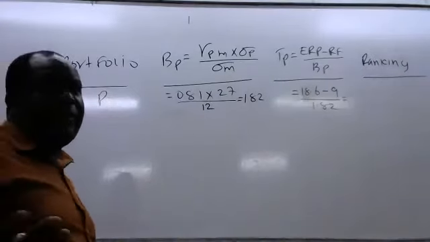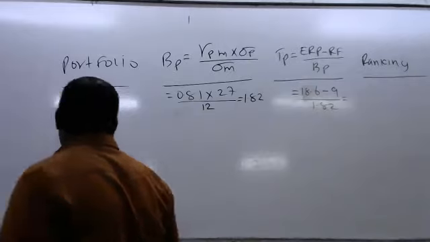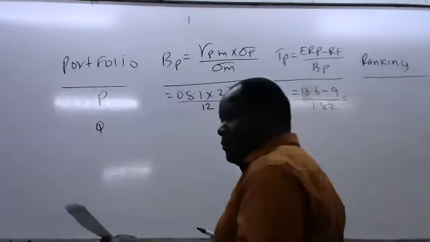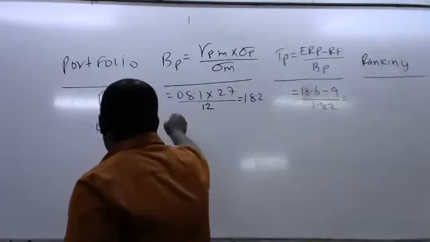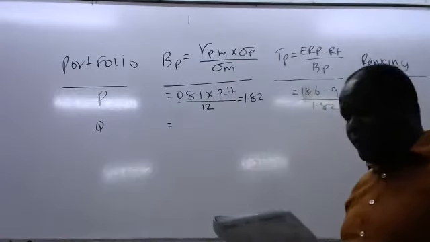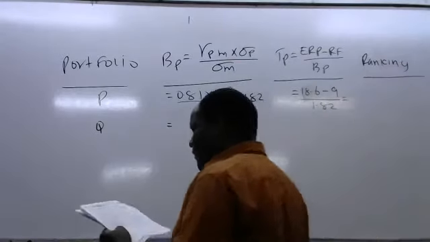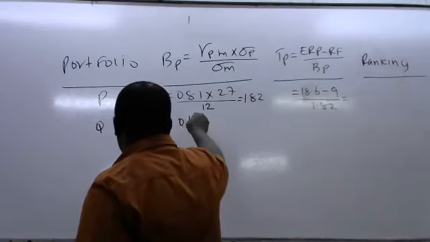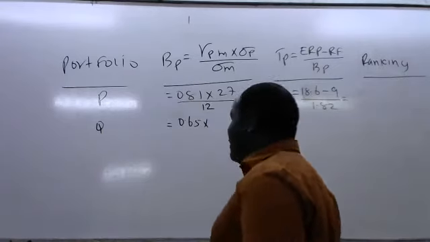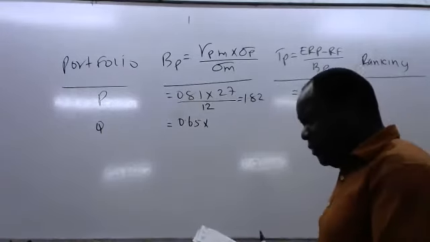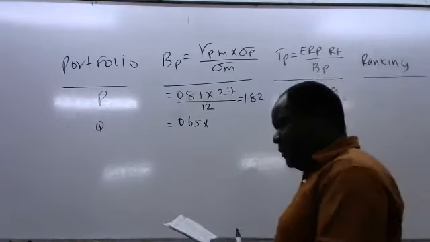So now we go to portfolio Q. When it comes to Q, we shall also do the same. The correlation coefficient is given as 0.65, multiplied by the standard deviation, which is given as what? 18. The standard deviation for the market will remain at 12.